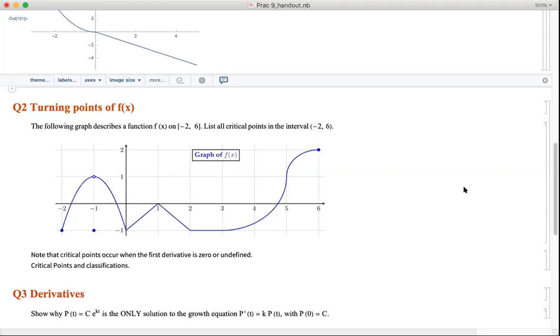Okay, triplet says -1, and someone says 0 is a critical point, and someone says 1 is a critical point. Are there any others? 2 is a critical point. Anything else?